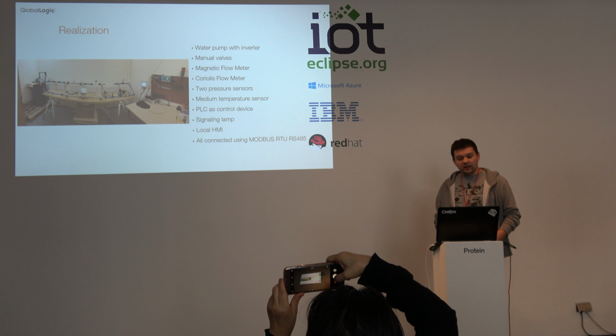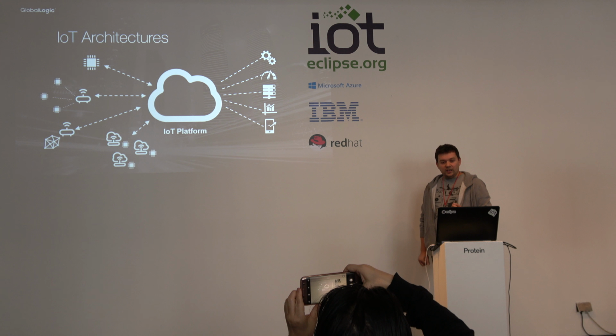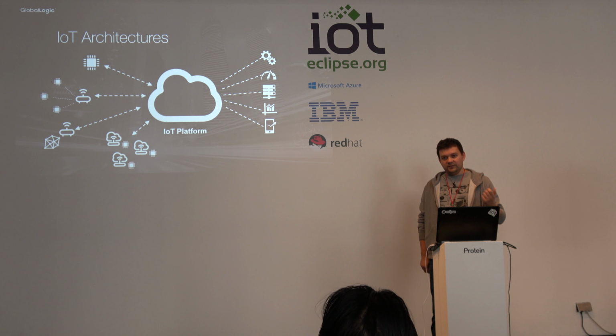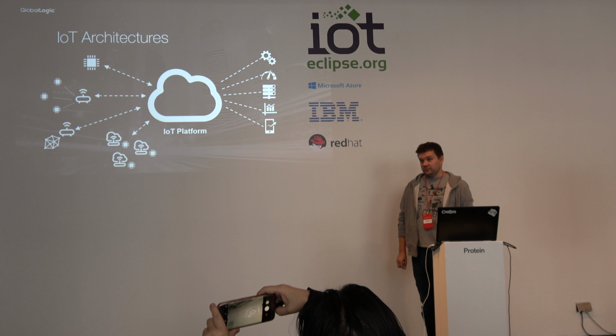And now I want to tell you a little bit about IoT architectures. This is the general concept. We can imagine that we have one device which is directly connecting to the cloud. For a flow meter or other industrial sensor, it is not the case, because we cannot connect to the internet from such a device.